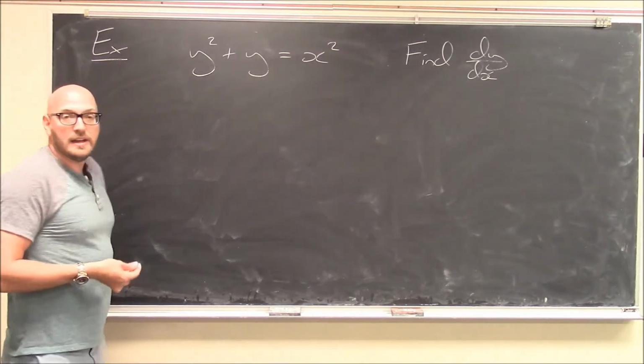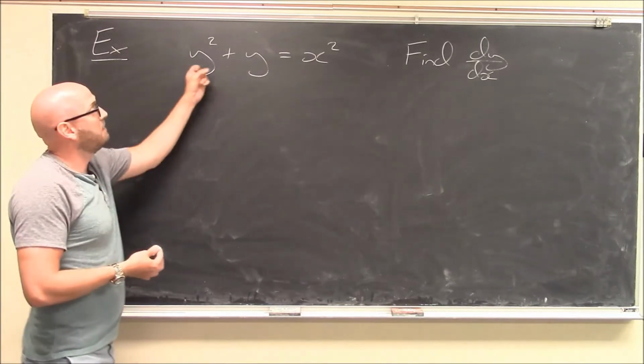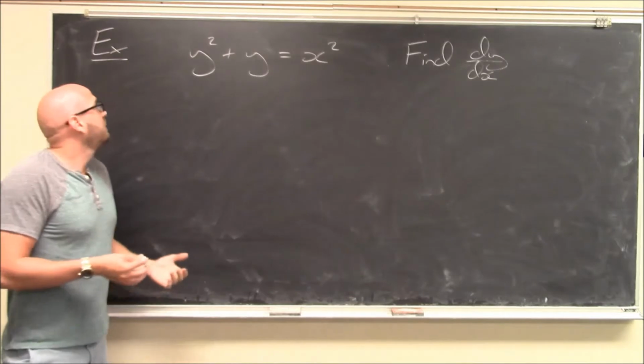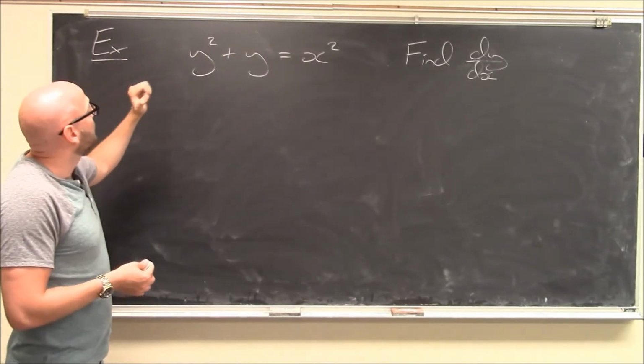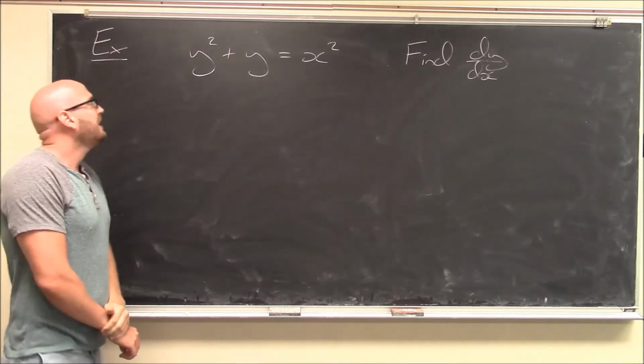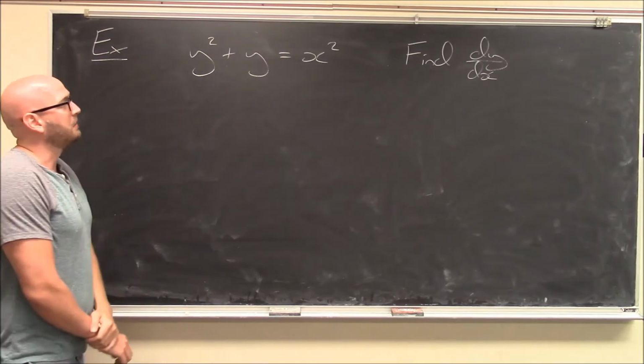I don't have y given explicitly as a function of x, right? I haven't isolated y. It is true that this is not one of the impossible cases. You could solve explicitly for y if you completed the square on the left-hand side. It's doable, but it's not the easiest way to proceed here in finding dy/dx.